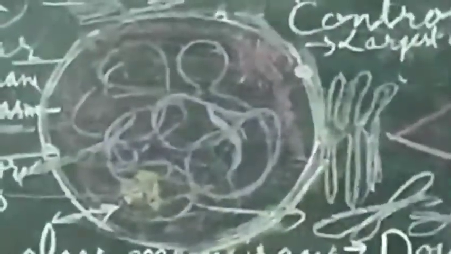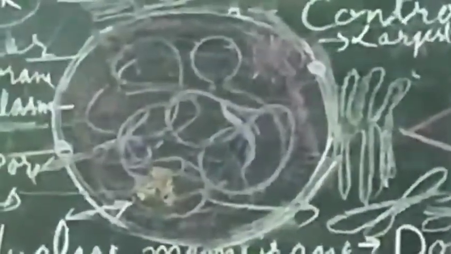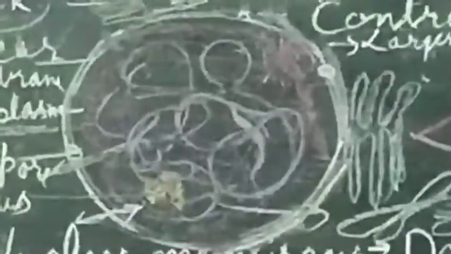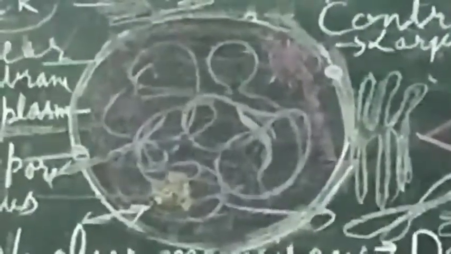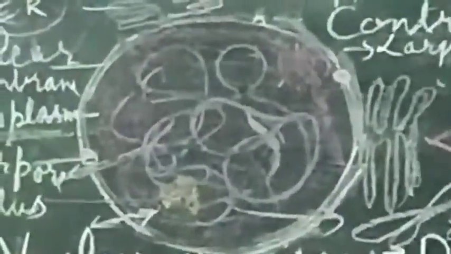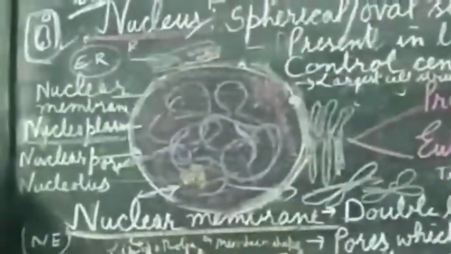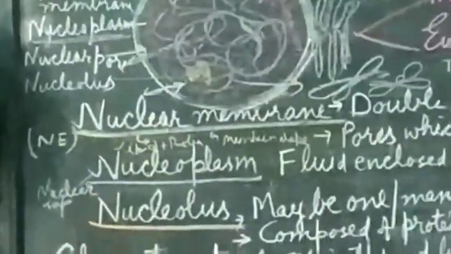In the nucleoplasm, two important components are there: the nucleolus and chromatin material. Dear students, you should also know that nucleoplasm is also called nuclear sap. So in the nuclear sap there are two very important components, nucleolus and chromatin.